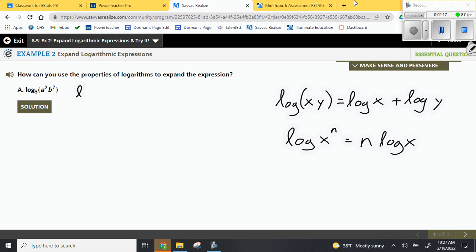So here we go. Log base 5 of a squared plus log base 5 of b to the 7.